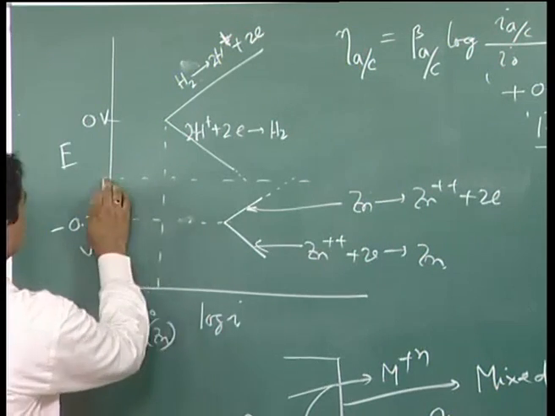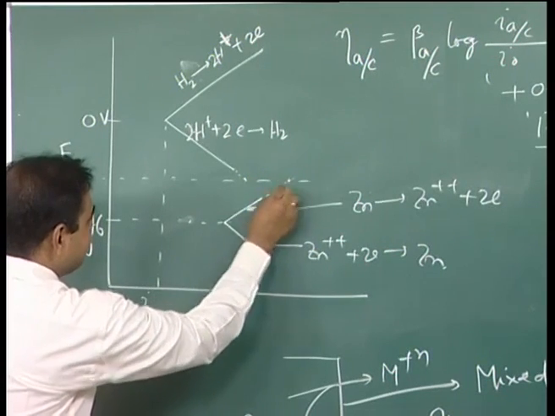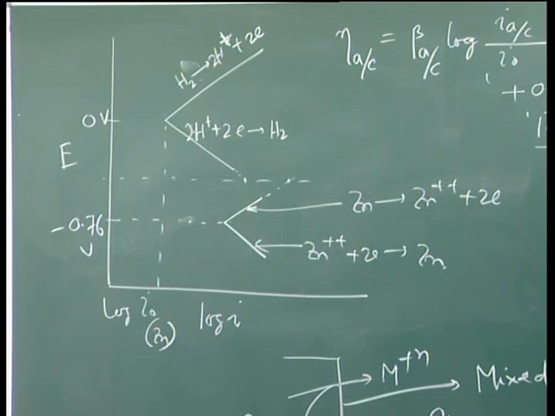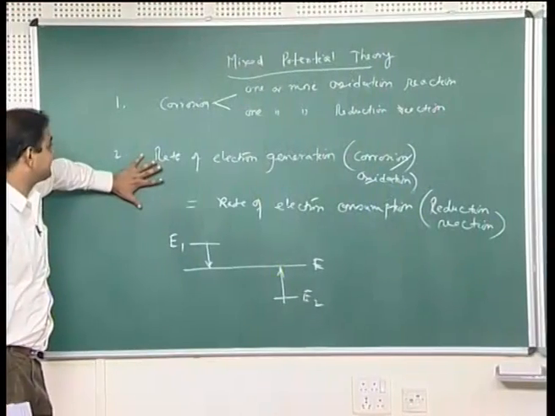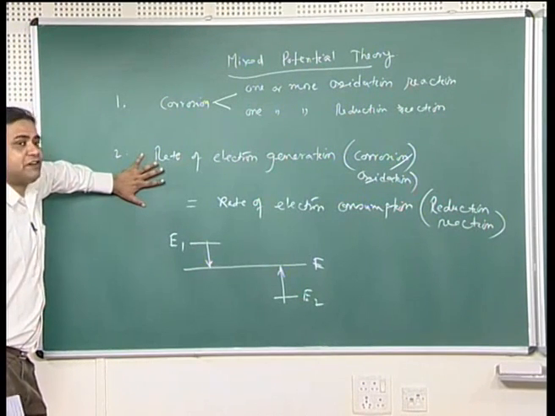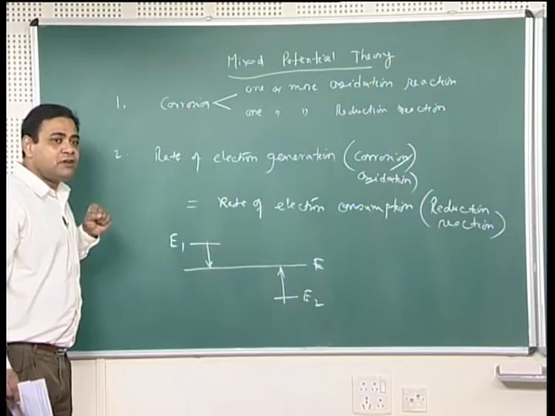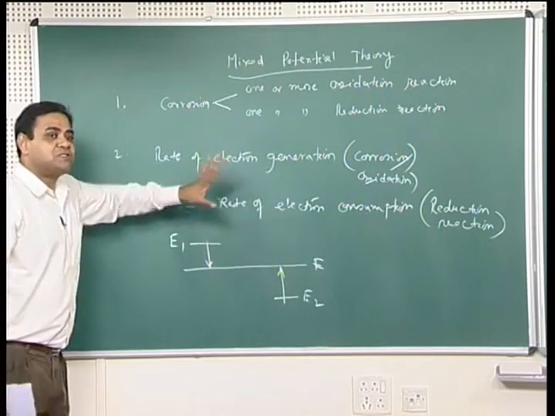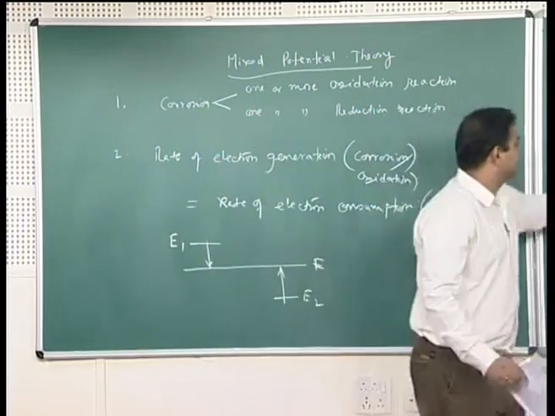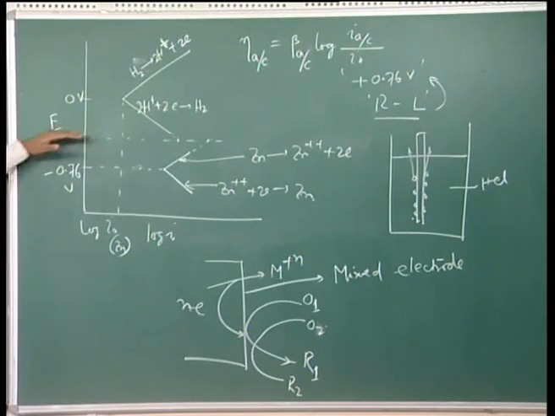Initially I thought that it will reach this value, but though it has reached the same equilibrium value, we have to consider the second consideration of mixed potential theory: the rate at which electrons are generated and the rate at which electrons are consumed should both be the same. But the rate is guided by the current value, and at these two points the current values are different. So this cannot be the point.